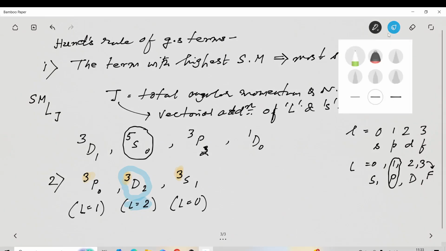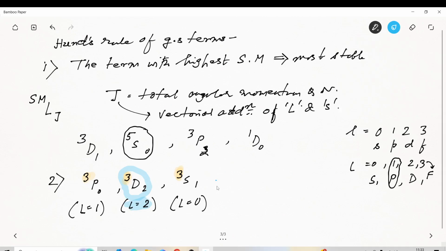And if you're asked to write down the order of stability, সব থেকে স্টেবল হচ্ছে triplet D2.